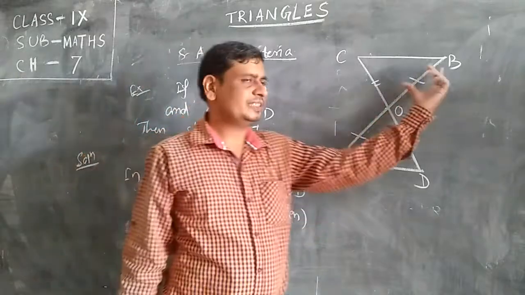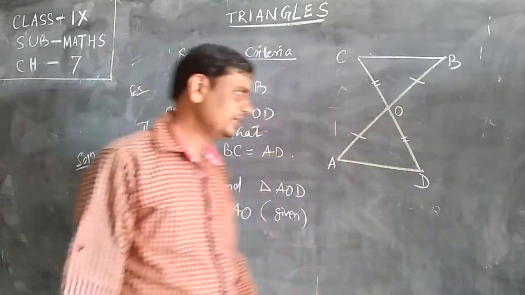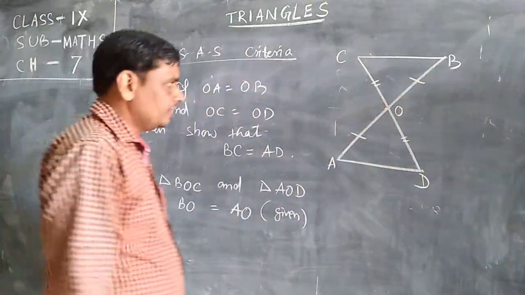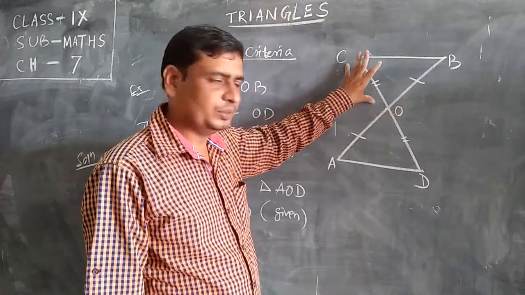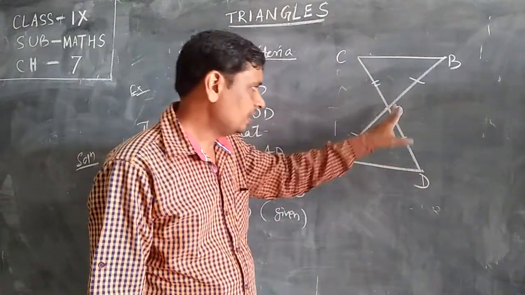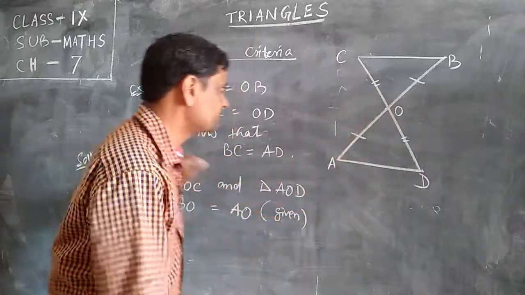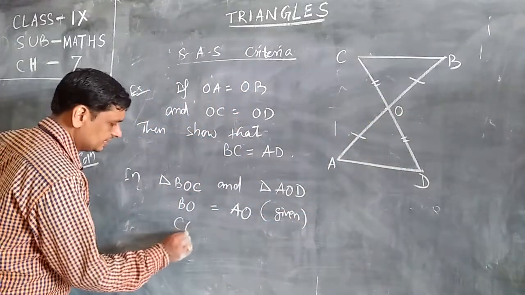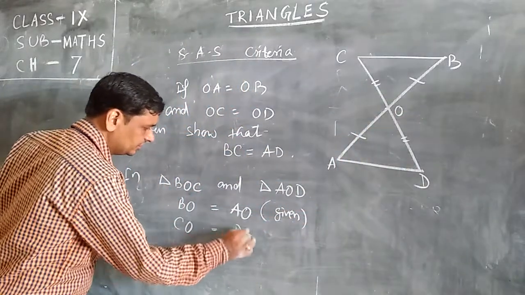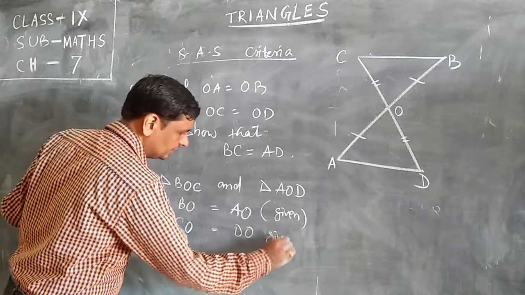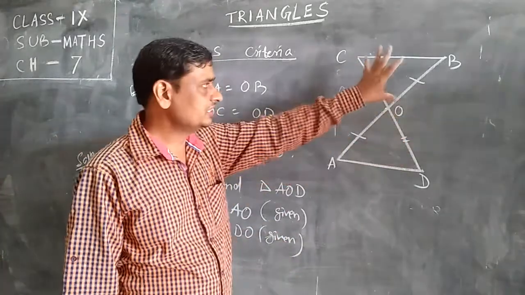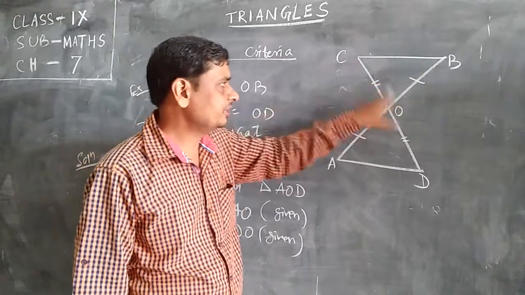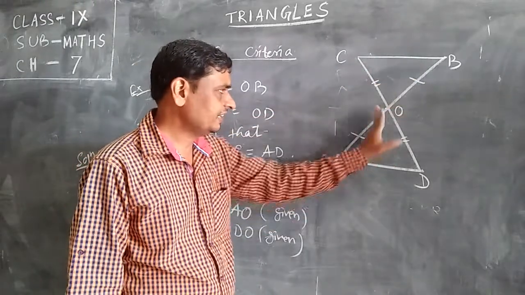Similarly, in the triangle BOC, the side OC is equal with the side OD of the triangle AOD. This one is also given. CO, which is present in triangle BOC, and DO, which is present in triangle AOD, are also equal.